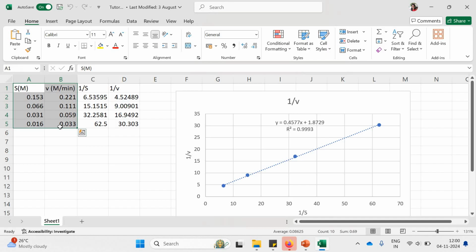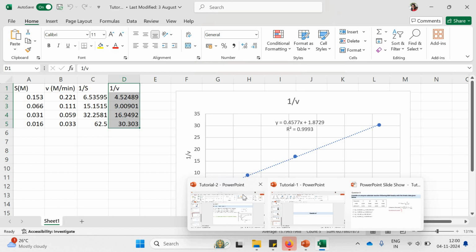S and V have already been given, and I have just taken the reciprocals, 1 by S and 1 by V. So this is the x-axis and this is the y-axis, and then I plotted the graph. When I saw the regression equation, the regression constant is completely fine, 0.999. The equation has been given.